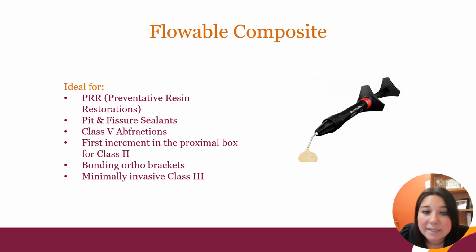Also pit and fissure sealants, class 5 abrasions, the first increment in the proximal box for a class 2 composite, for bonding ortho brackets on, and even sometimes minimally invasive class 3 composites as well.